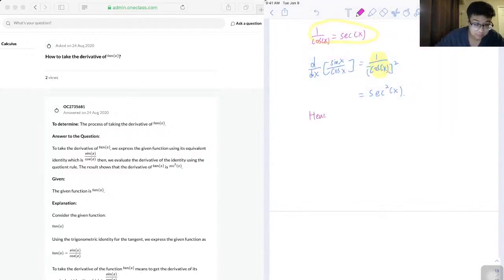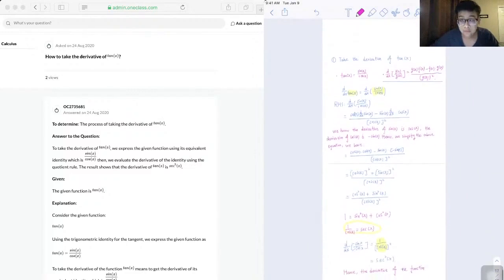So hence the derivative of the function tangent x is secant x squared. Right.